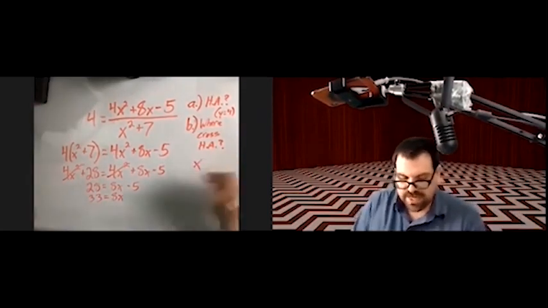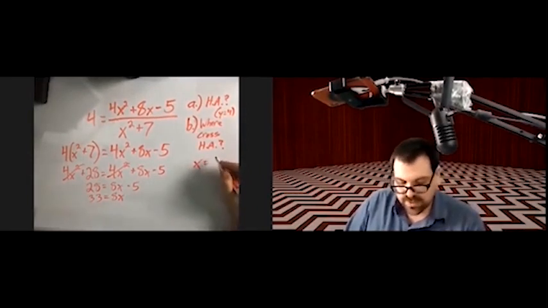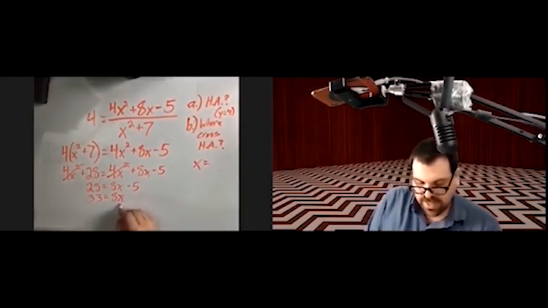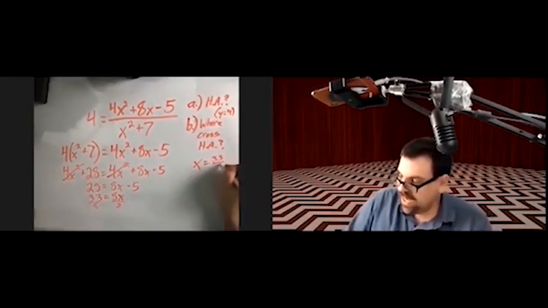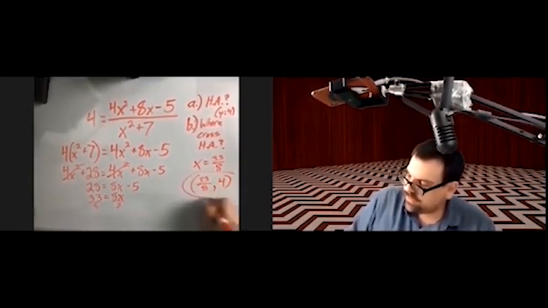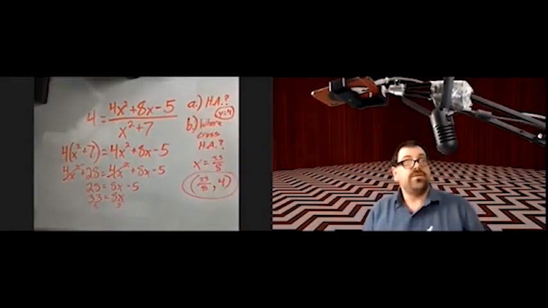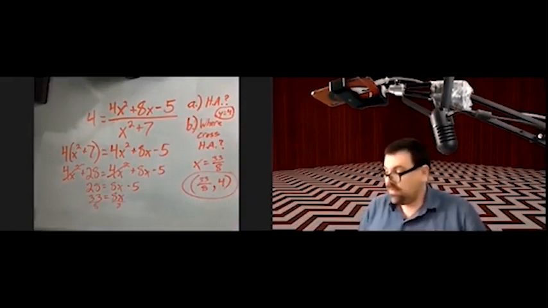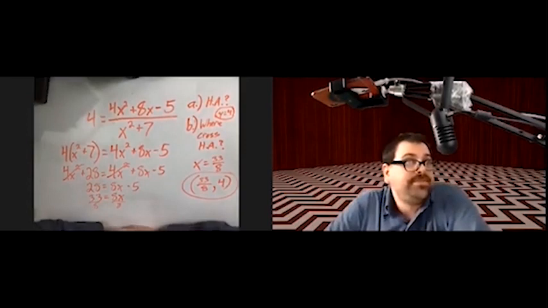Divide both sides by 8, and we get that we cross the horizontal asymptote at 33 eighths. So the point would be 33 eighths, 4. Horizontal asymptote of 4. We cross at 33 eighths, 4.